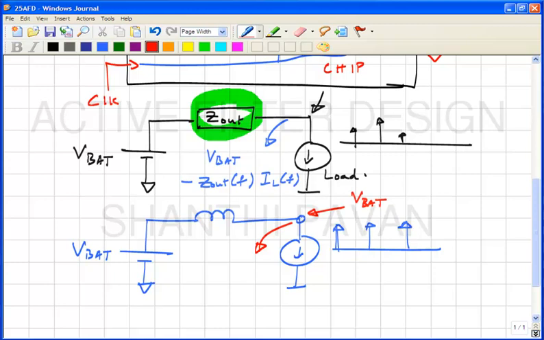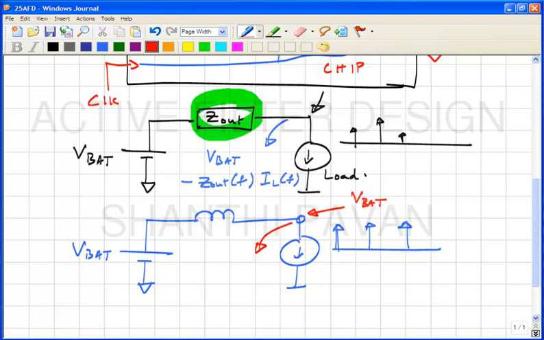Correct? Okay. Of course, now you can argue that the currents are not really impulses because real impulses are impossible to generate. It's probably a very high current for a very short amount of time. Okay, it's a narrow pulse, but that still doesn't change the point.